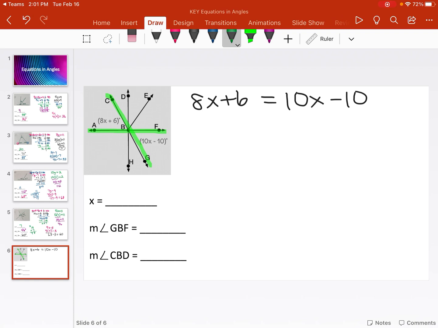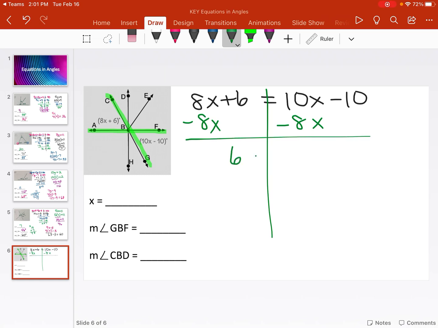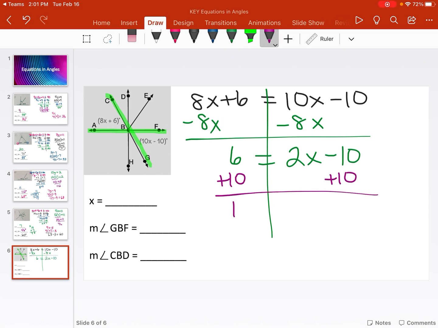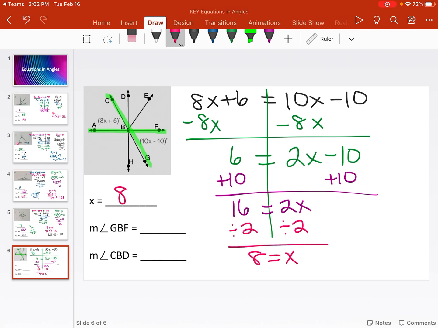So I always suggest to move the smaller coefficient. So I'm going to take this 8x and subtract it over to here. This way I don't have to work with so many negatives. So now I've got 6 equals 2x minus 10. Then I add my 10. So I get 16 equals 2x. And then finally divide by 2. So 8 equals x.